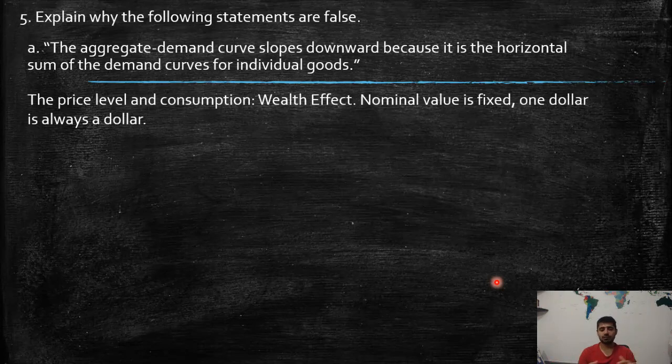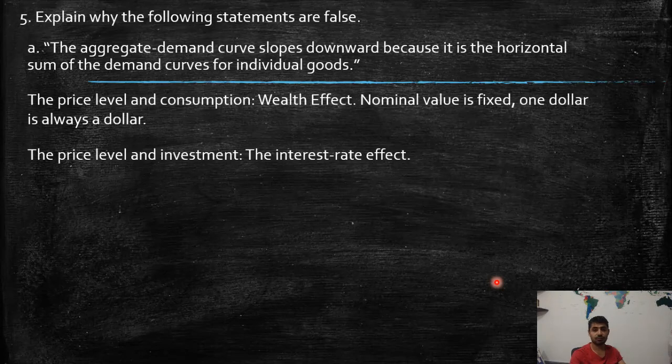The first one is the wealth effect. We know that $1 is fixed, and $1 is always $1, but when you have higher prices, you cannot consume the same, so you have a wealth effect. So this is a negative situation.